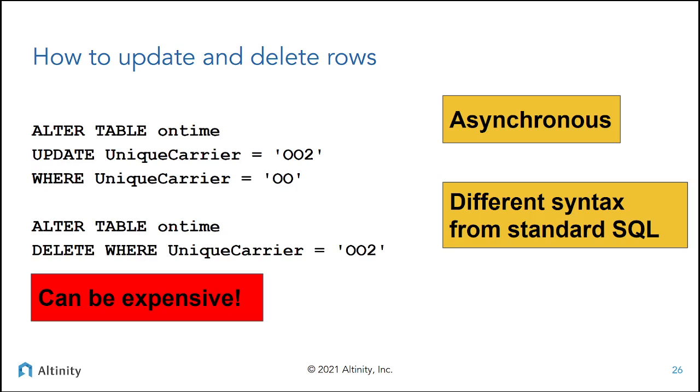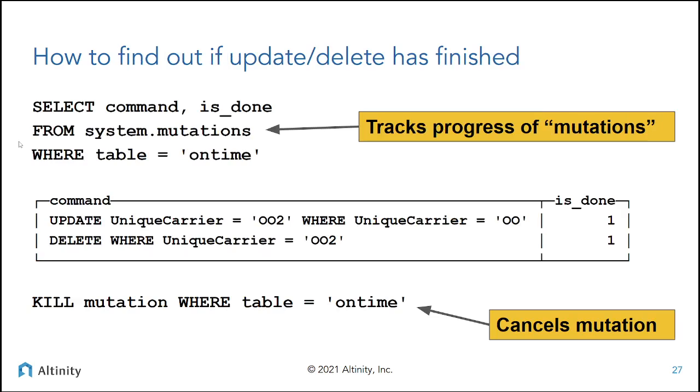If you have a powerful database and you're not changing very much, it will get done almost instantly. In extreme cases, it could take hours to complete. The reason that it takes a long time to complete is it's actually going to have to rewrite data. We'll show that in an example in a second. So it is possible to find out when these are finished. A very common command that you're going to do, when you run these, if you're doing a change, is use the system.mutations table.